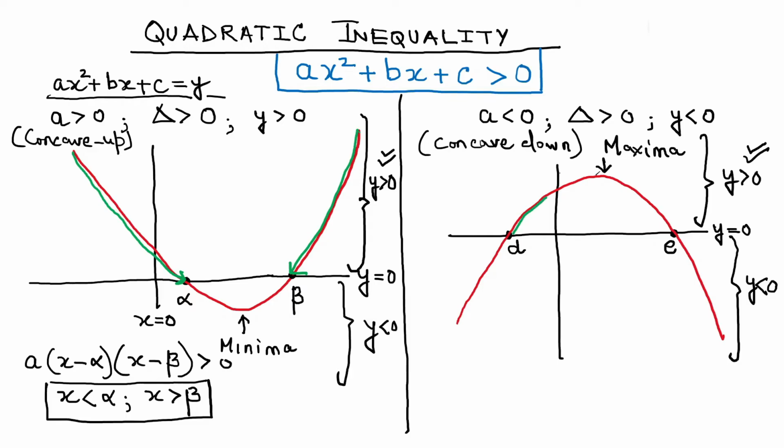So it is from this side, this entire part of the graph, from arrow to arrow, meaning thereby the quadratic expression that has been given to you now gets converted to a times of x minus d into x minus e being greater than 0 when a is negative.